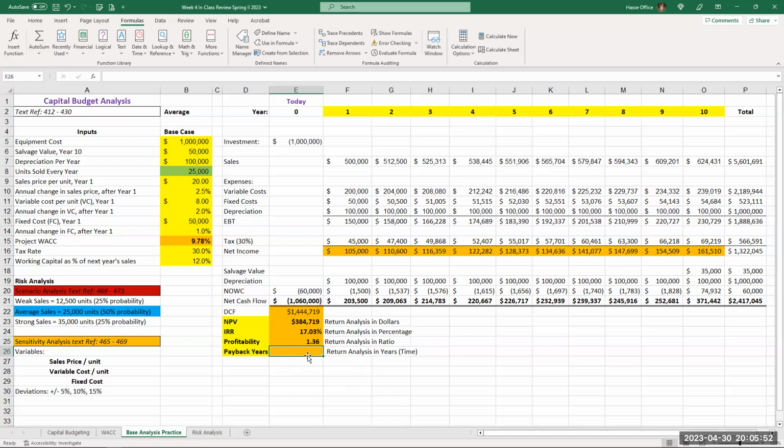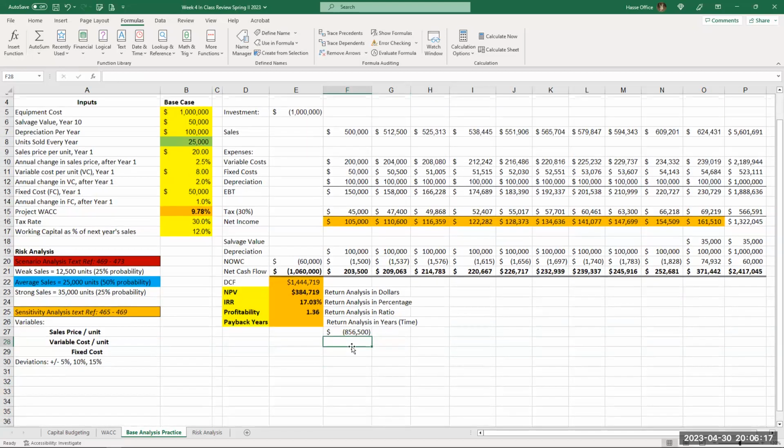What is this in payback? How many years to pay back the $1,060,000 in cash flow? Well, let's figure that out. First of all, we're paying out $1,060,000, and in the first year, we're generating $203,500.